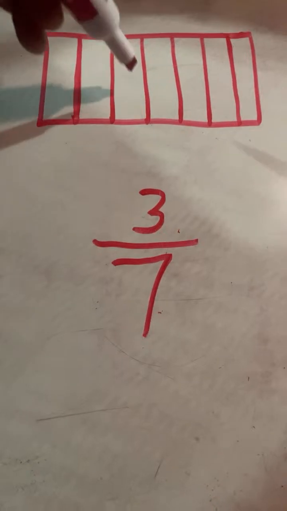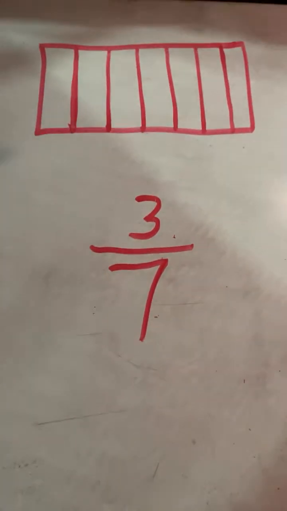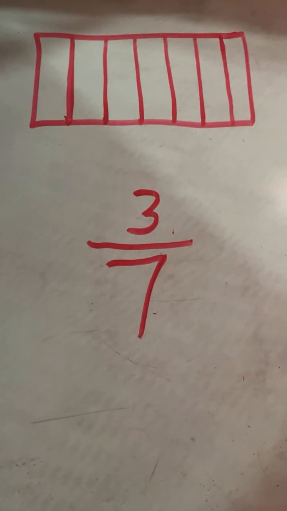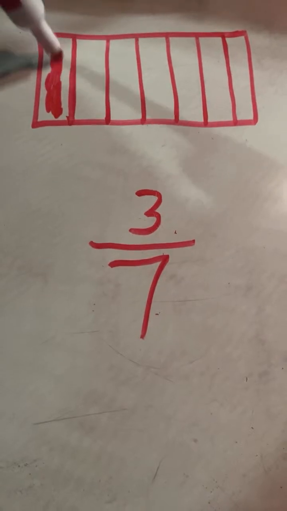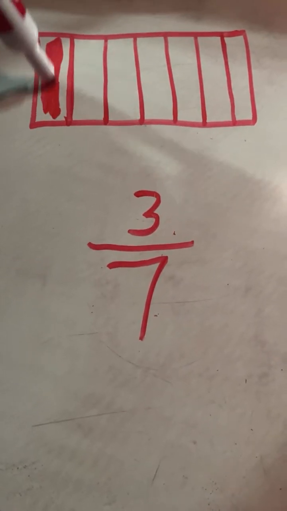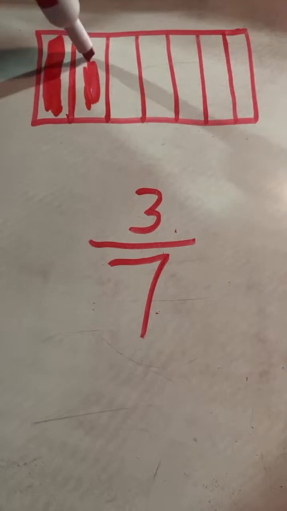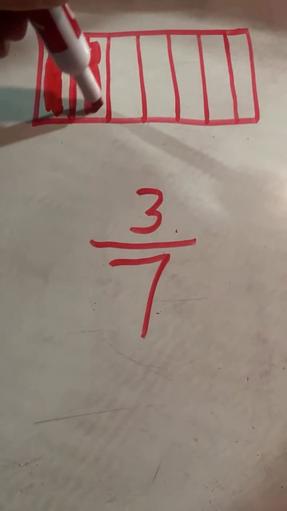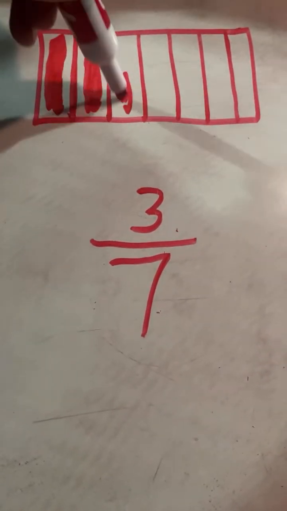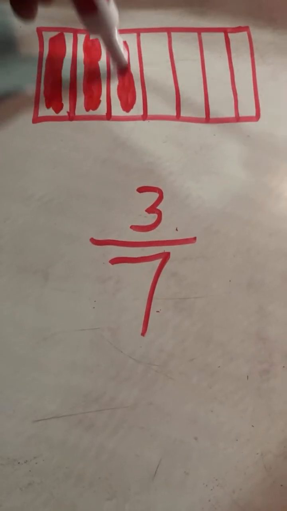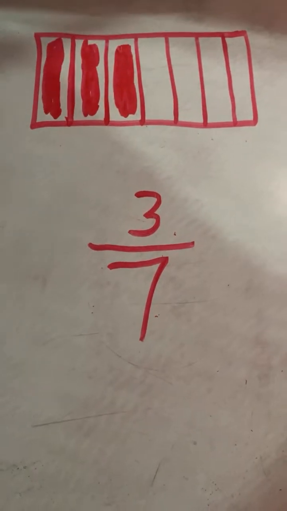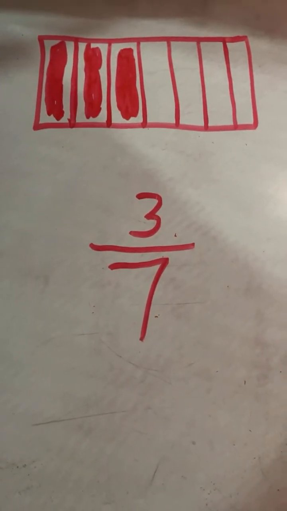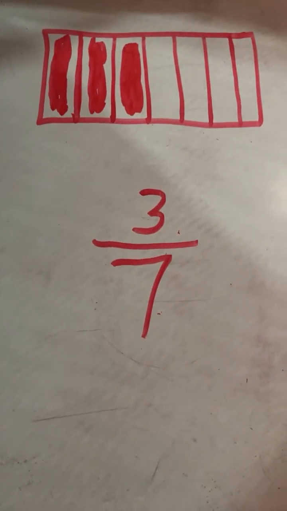So I have 1, 2, 3, 4, 5, 6, 7 total parts, and 3 need to be shaded in to represent 3/7. So here we go. I'm going to shade in 1, 2, 3, and I now have a fraction model that represents 3/7.